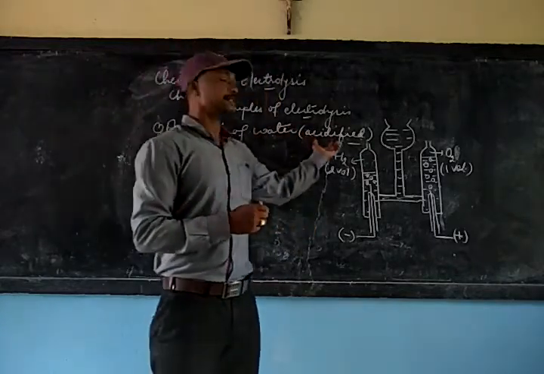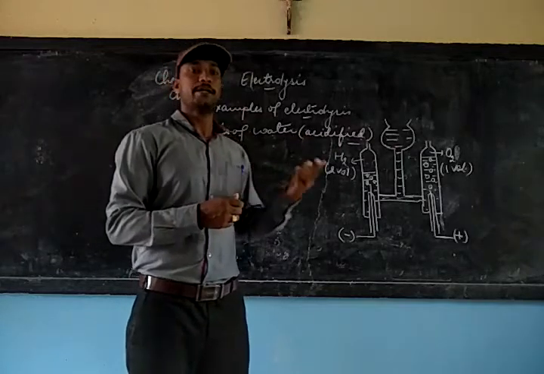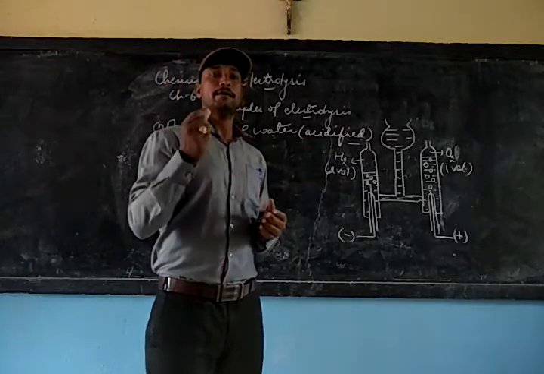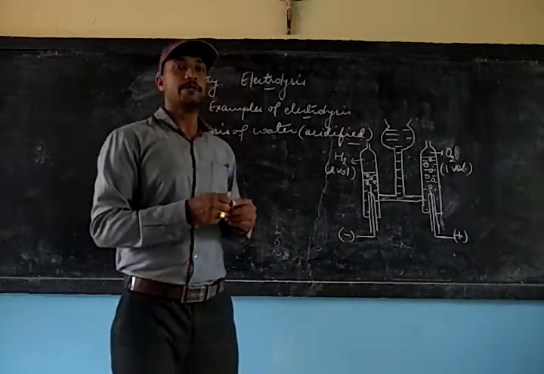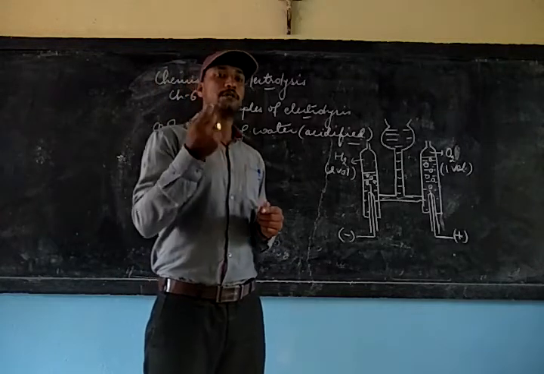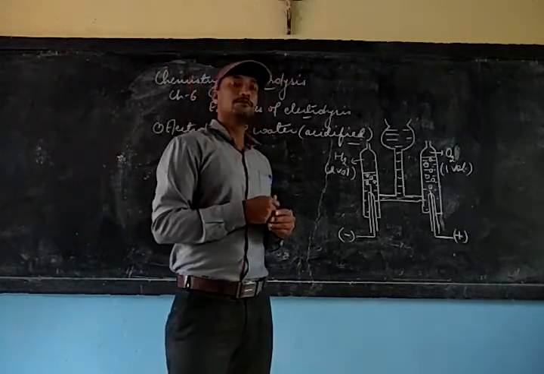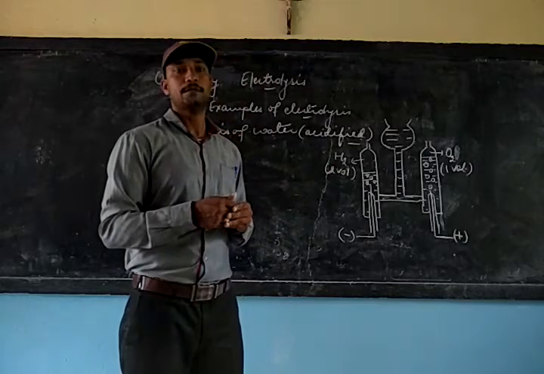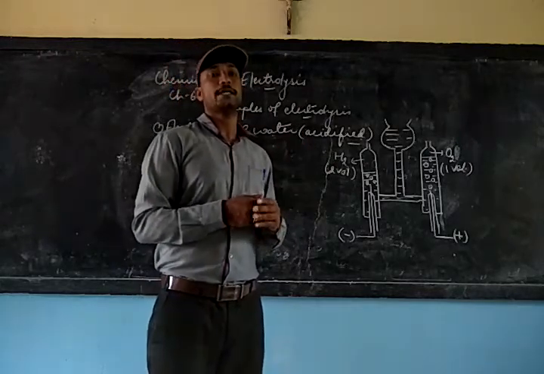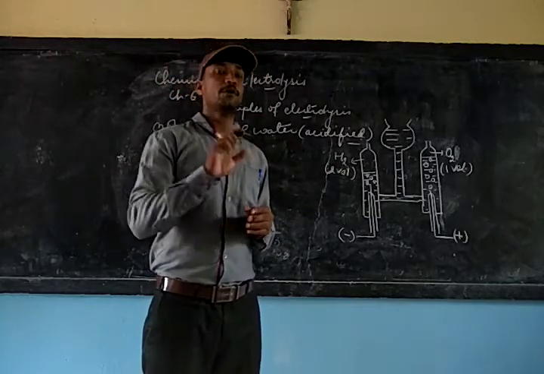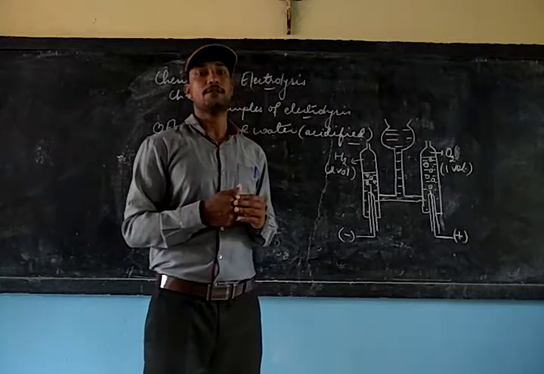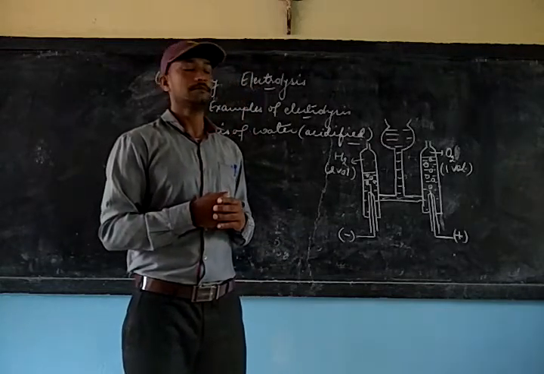So we will be taking acidified water, which can be made by adding a few drops of sulfuric acid. Dilute sulfuric acid is required here to make water acidified because it is a non-volatile acid. So we do not take any other acid like nitric acid or hydrochloric acid.